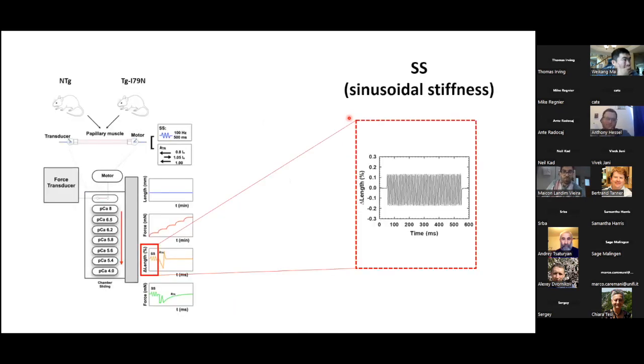So we used measurements of sinusoidal stiffness to determine whether this variant could be influencing the overall recruitment of the cross-bridge population. We determine this measurement, the sinusoidal stiffness, by measuring changes in sarcomere length and the respective changes in force, by oscillating the muscle 0.2% of the original length.